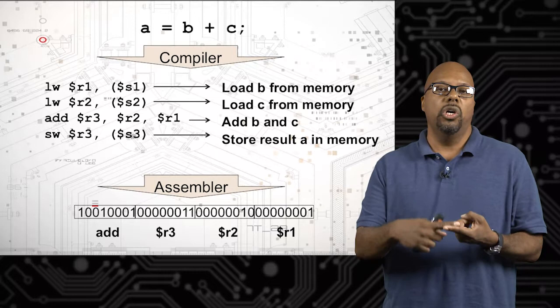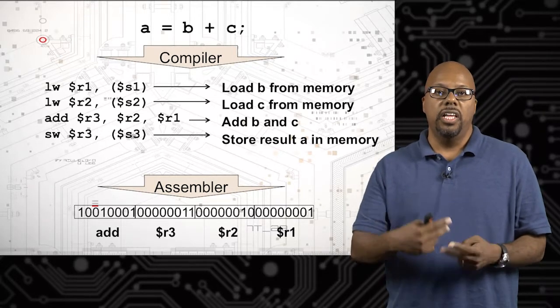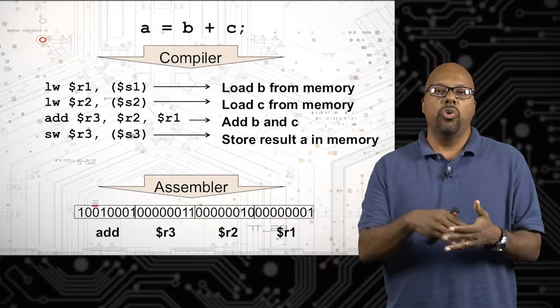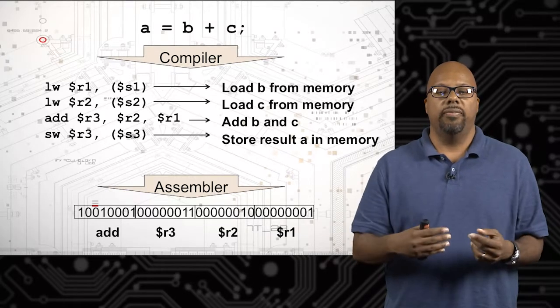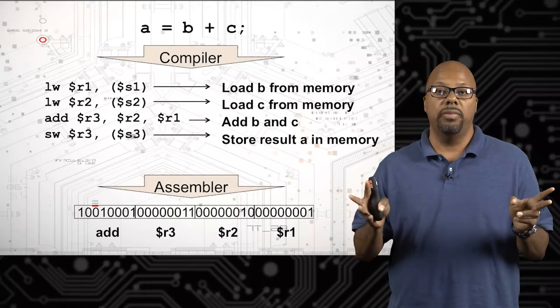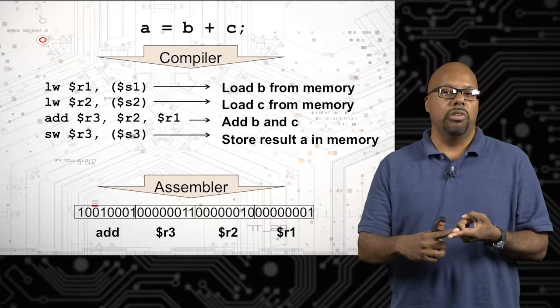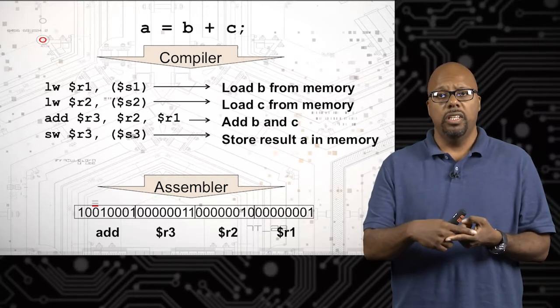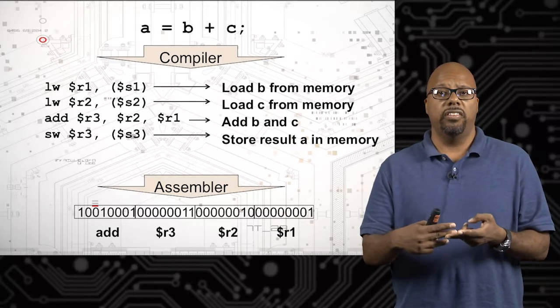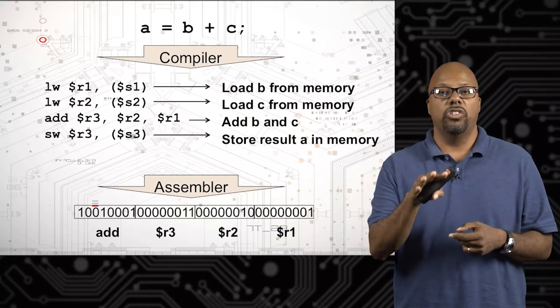So first, you load B from memory, then load C from memory, then do the add, then store the result back in memory for A. And that's why you've got 4 instructions in the middle. You've got 4 assembly instructions. So the compiler will make assembly instructions. The LW is load word, so it'll load B from memory. Then the next LW loads C from memory, specifically into the registers, R1 and R2.